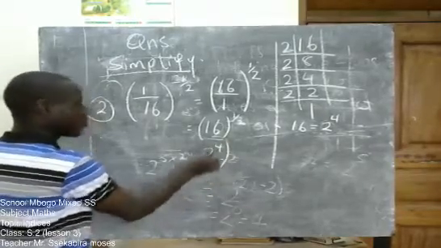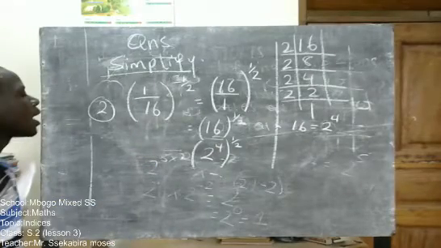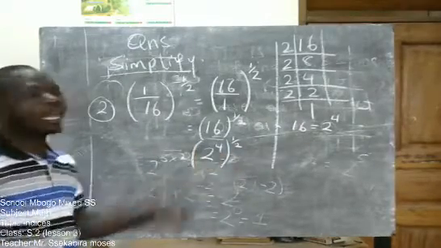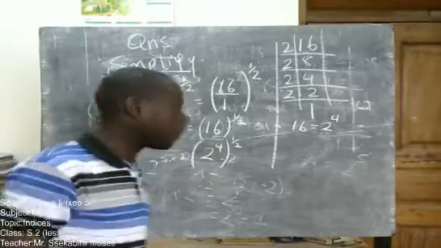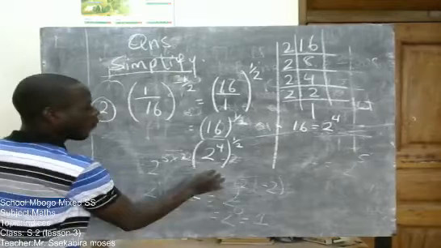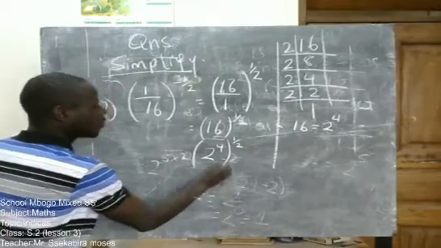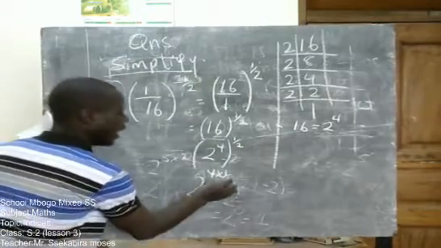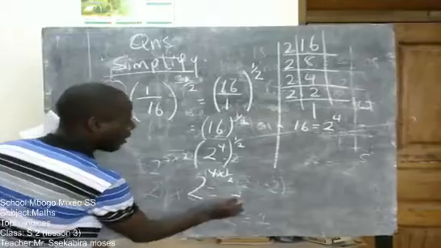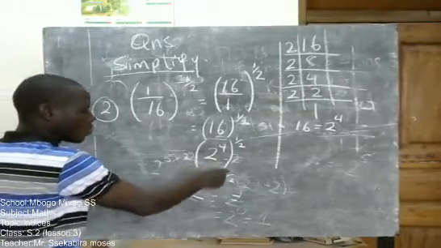But remember, outside there is to power a half. The power is multiplied with the power, because the bracket has the power, which is a half, and inside 2 has the power 4. So you just write 2 to power 4, and we multiply by a half. 4 times 1 over 2 gives 2.